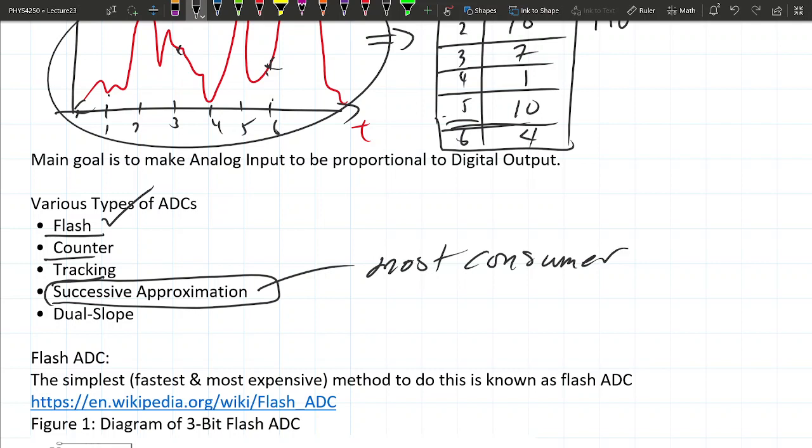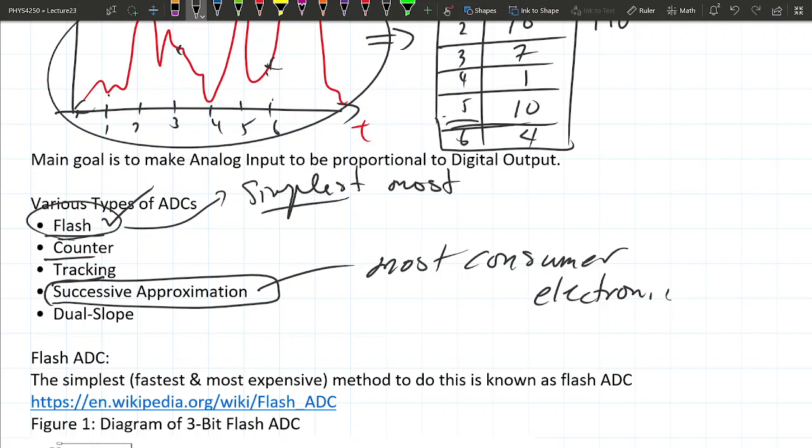For example, your cell phone and your computer use it. The reason for that is because it's cheap. I'm going to show you why the flash ADC is going to be expensive. The flash ADC is the simplest, but the most expensive.